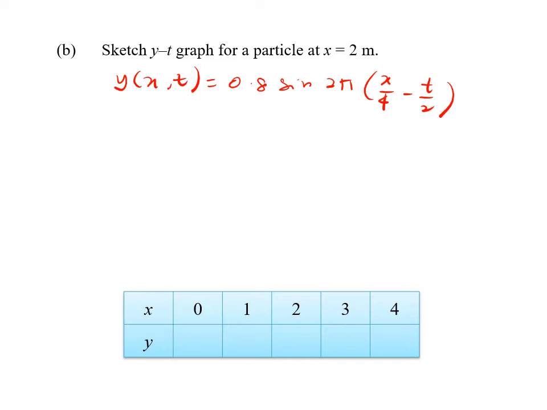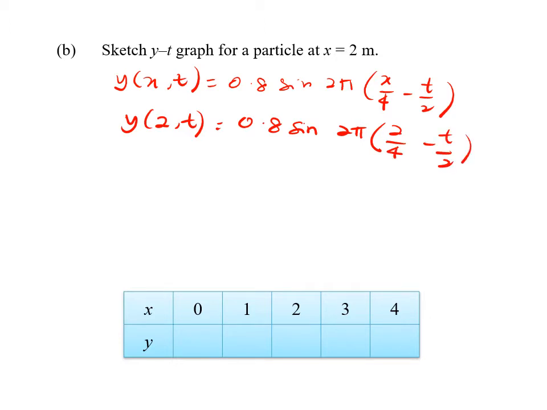Our x value is 2, so y at x equal to 2 is 0.8 sine 2 pi times 2 over 4 minus t over 2. Okay, so you need to sketch the y against t graph.